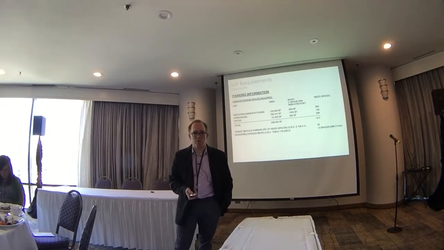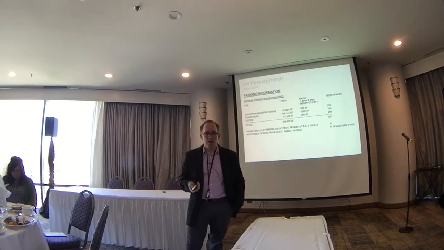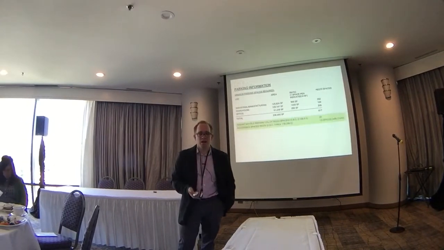And with their warehouse and office, it was 1 per 250 instead of 4 per thousand. That being said, we had to give them 617 spaces at minimum, and we ended up providing closer to 700 for this project.